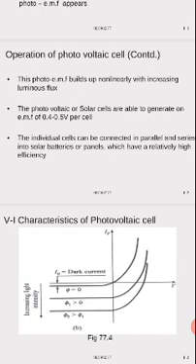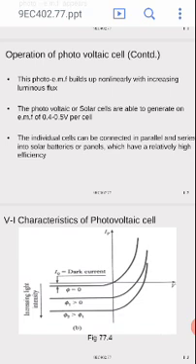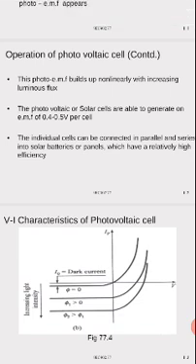Here, voltage is shown on the x-axis and current is shown on the y-axis.